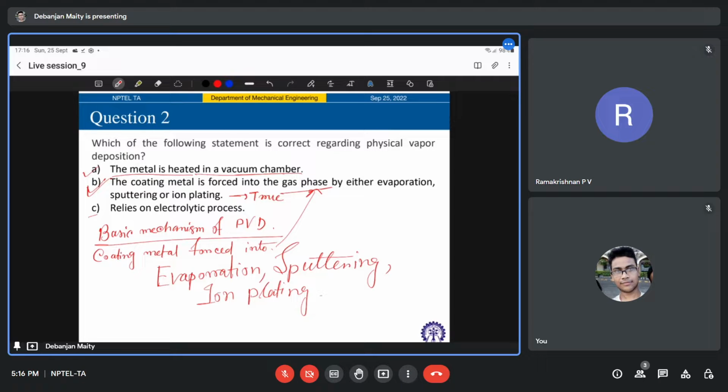So of course, this does not rely on an electrolytic process. An electrolytic process is mainly for those plating techniques.